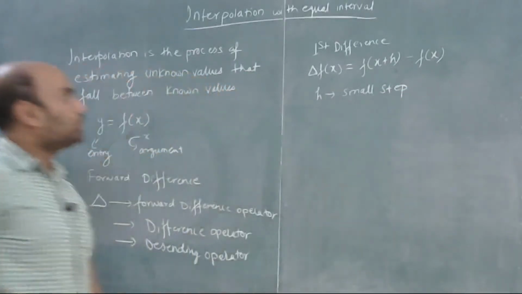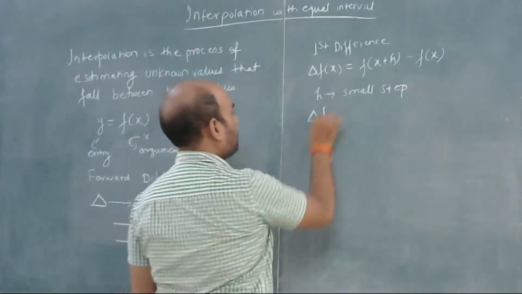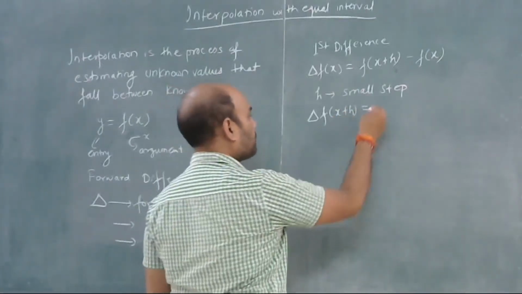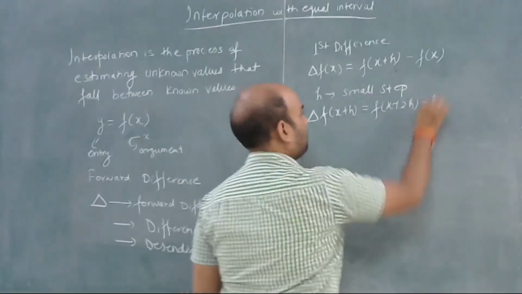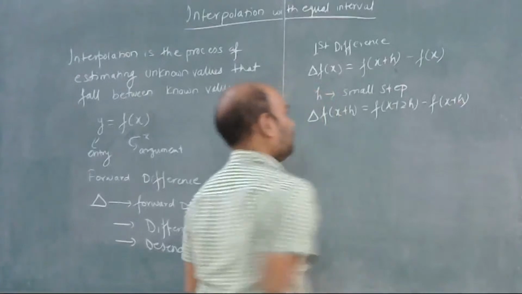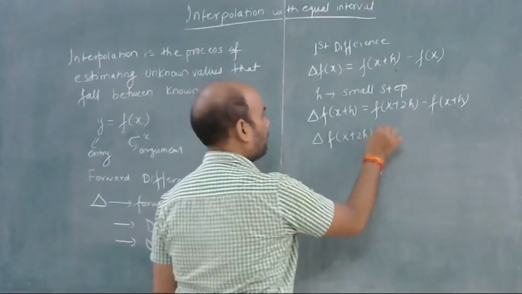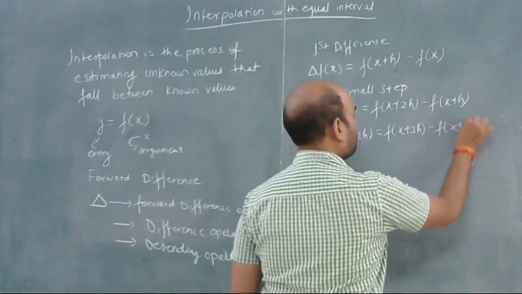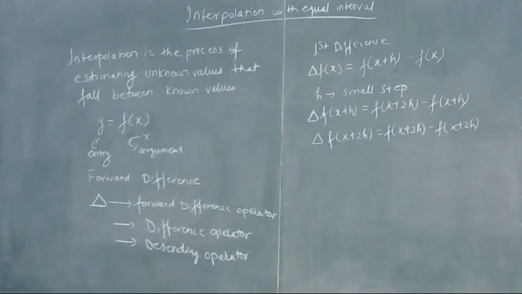Similarly, f of x plus 2h minus f of x plus h, and f of x plus 3h minus f of x plus 2h. So this is the first forward difference.